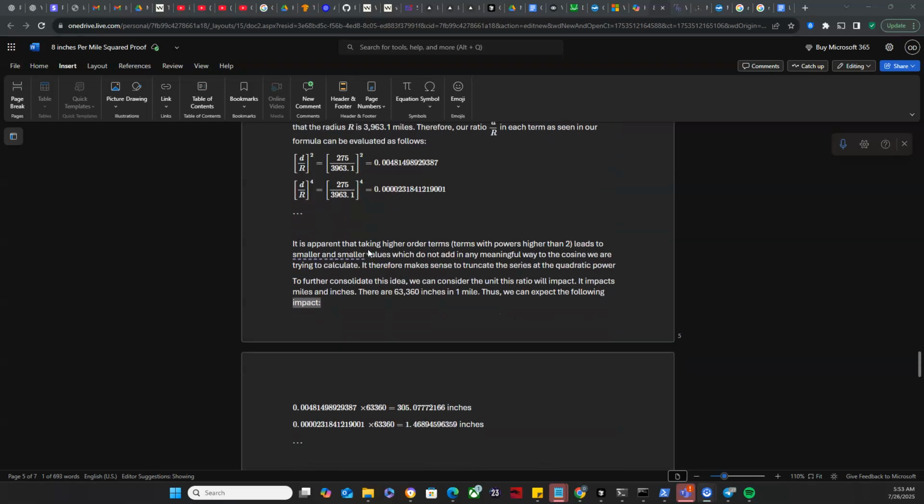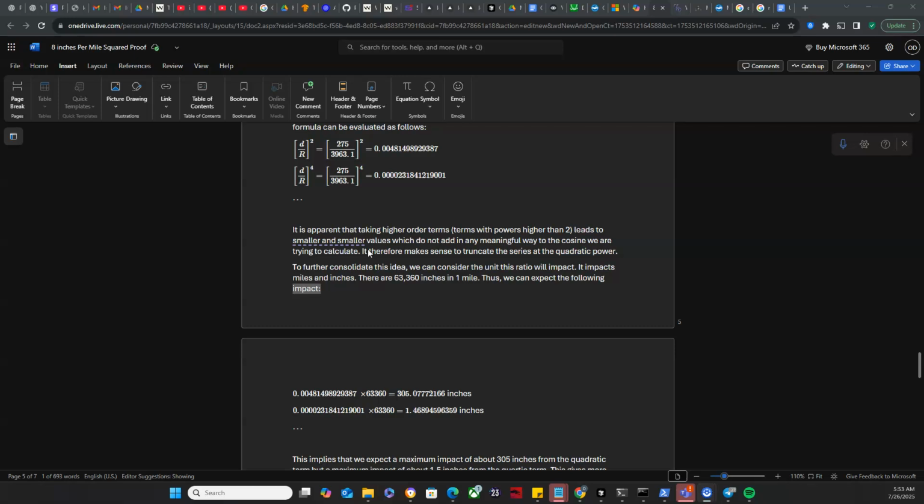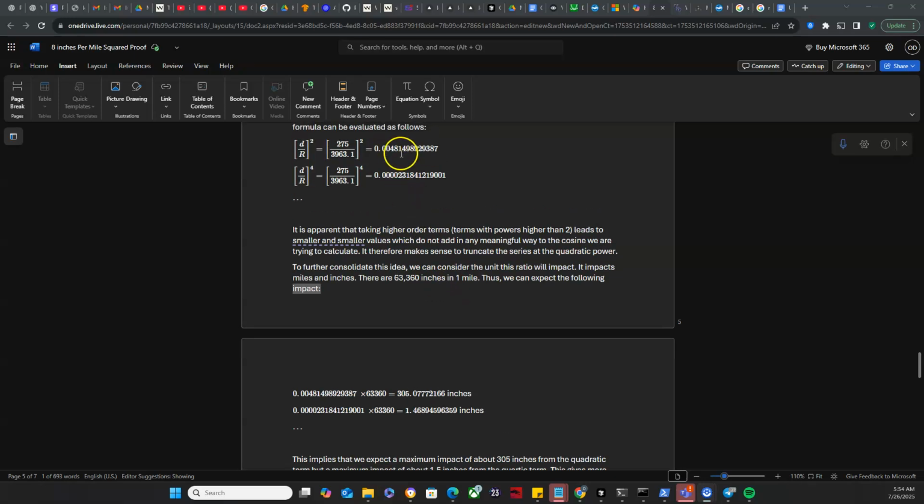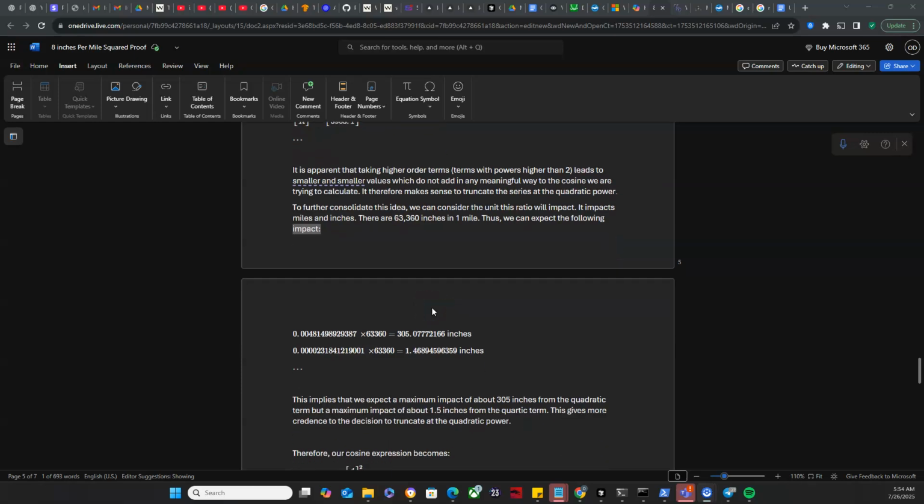But to further elucidate this point, since we're going to be calculating the curvature drop in inches, and 63,360 inches make 1 mile, it makes sense for us to multiply these values by 63,360 and see the kind of inches we should be getting.